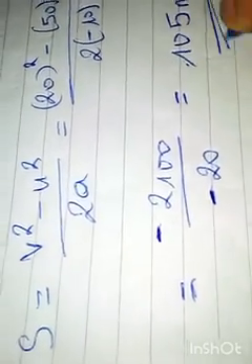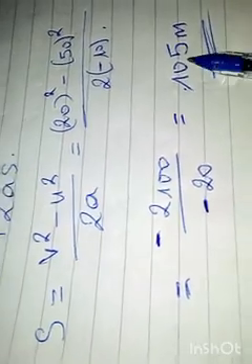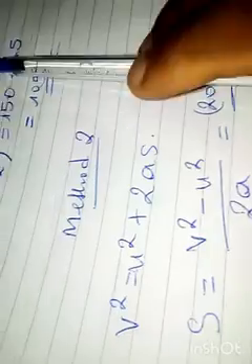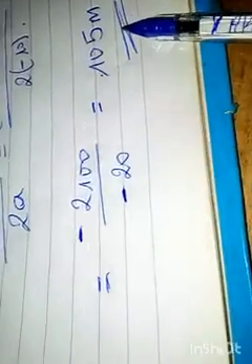You're going to be left with 105 meters. All right, if you want to notice, you can notice that you have the same answer with the one above. So either method, whether you choose to go by finding first of all the time, or you go straight with this formula, you're going to have the same answer.